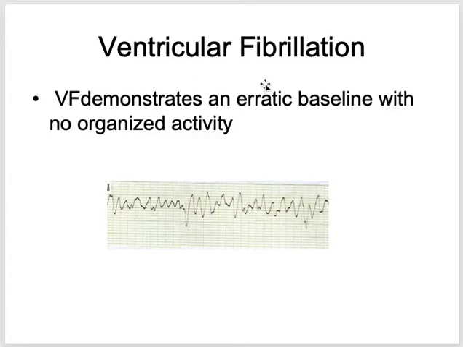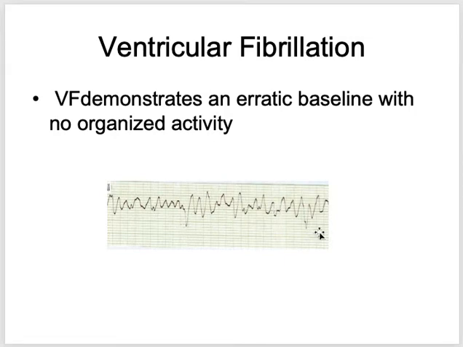Now, ventricular fibrillation is one of the shockable rhythms, and if you can see over here, the ECG has an erratic behavior. See, none of them look alike, and none of them are coming to the baseline. So this is a very erratic nature of the electrical activity.